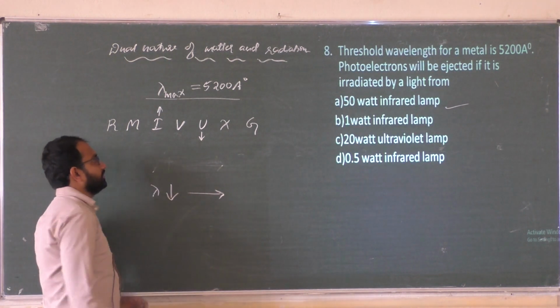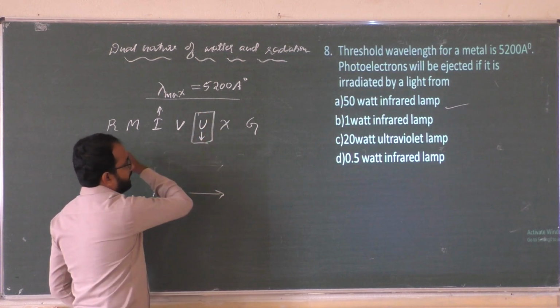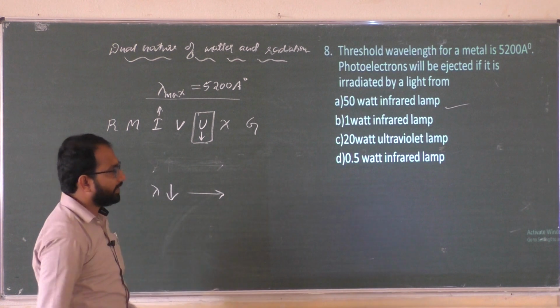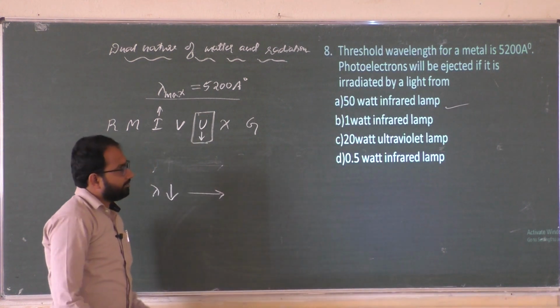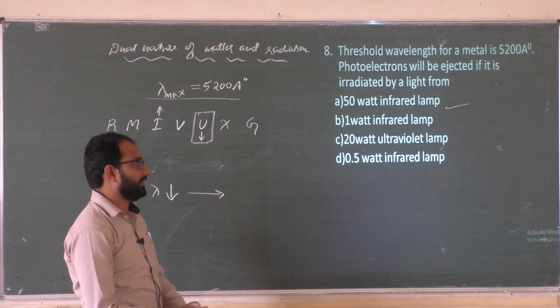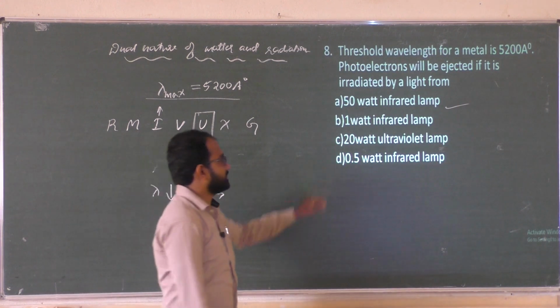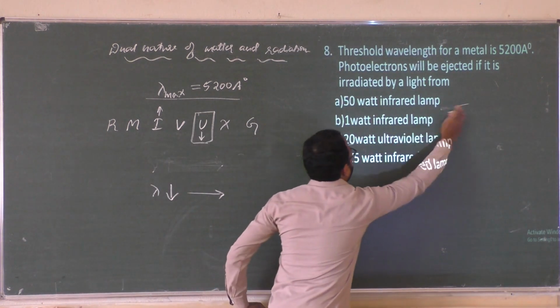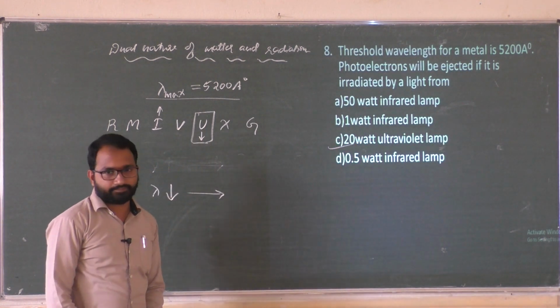So if that metal is irradiated with ultraviolet rays, whatever may be the power of the source used, that metal definitely emits photoelectrons. So the correct option is option C, 20 watt ultraviolet lamp.